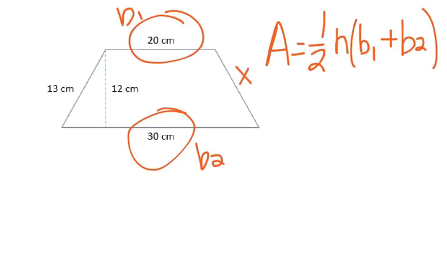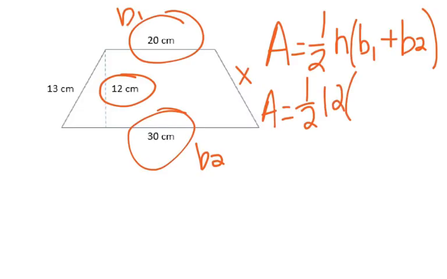All right, and all I'm going to do is substitute in. A equals, and then of course 12 centimeters is the height. So hopefully before I started talking, you paused the video and you sketched this trapezoid and showed also the measurements. So 1/2 of 12 multiplied by the sum of 20 plus 30. And then, of course, now I'm going to follow the order of operations.